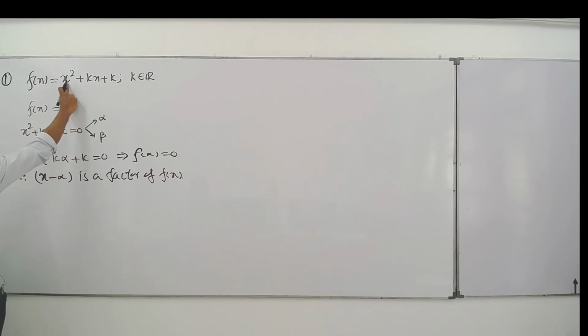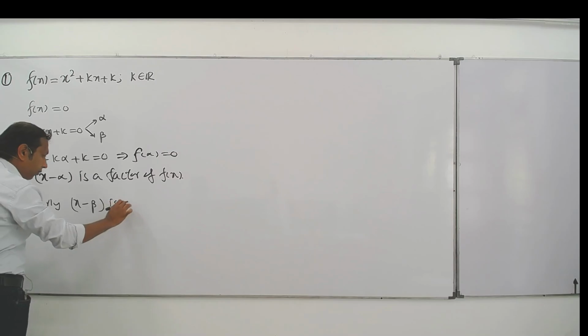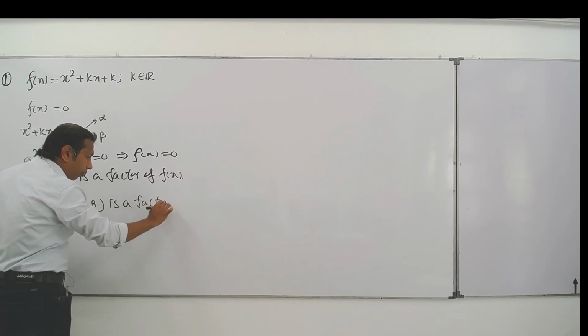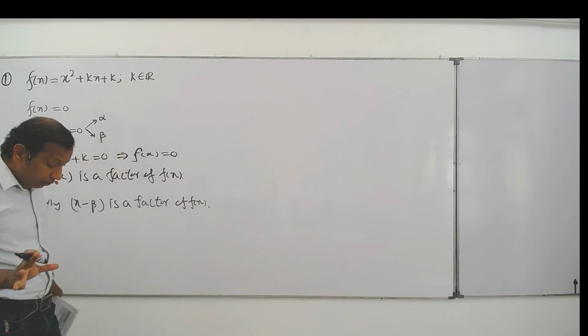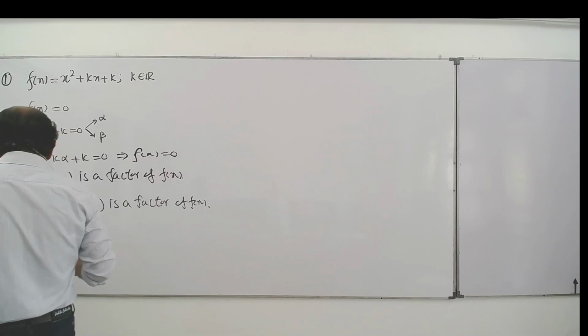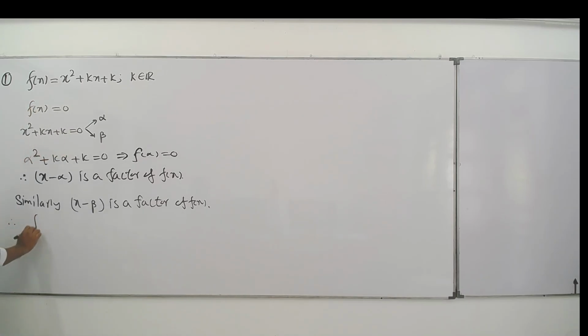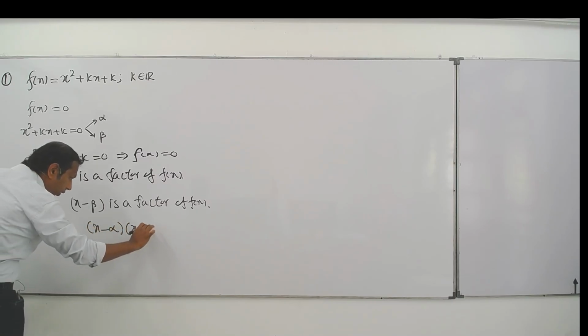That means f(beta) is 0, and in the same way x minus beta is a factor of f(x). Therefore, f(x) has two factors and f(x) is a quadratic, so we can write f(x) as x minus alpha into x minus beta.